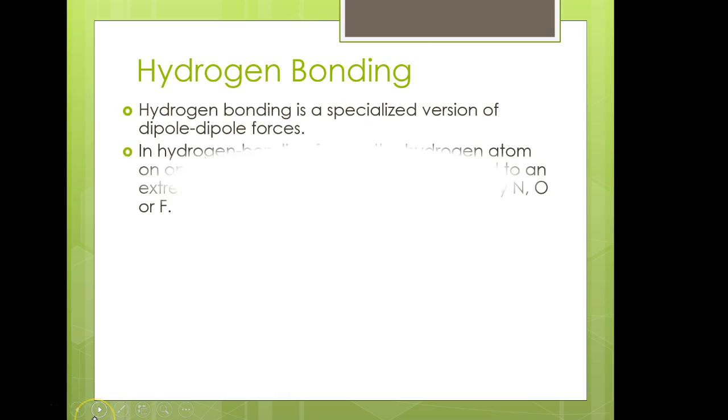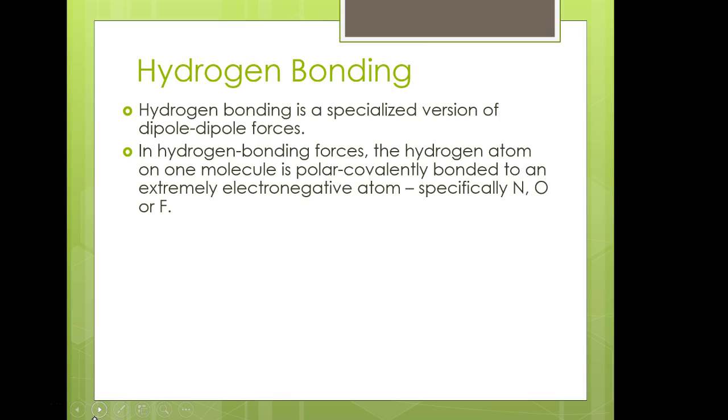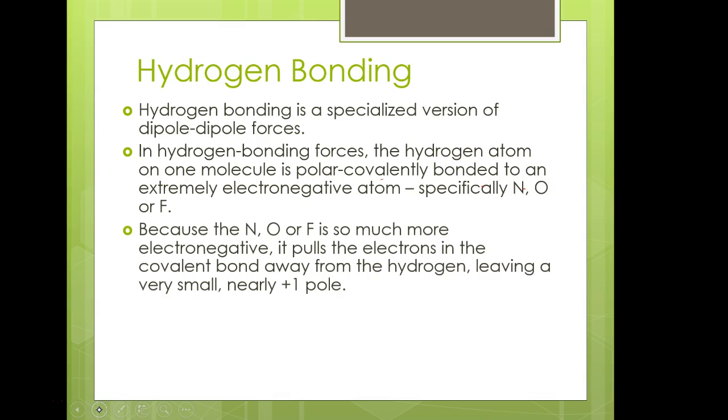The difference is the hydrogen atom on one molecule has a polar covalent bond to something that is extremely electronegative. If you look back at the chart, N, O, and F have some of the highest values of electronegativity. And so the hydrogen attached to those three is essentially giving up its electron.